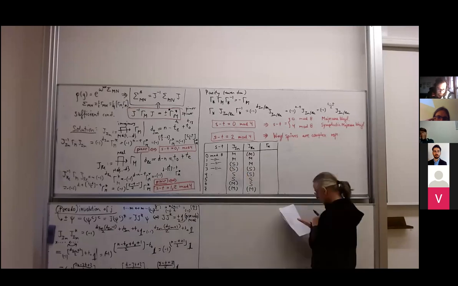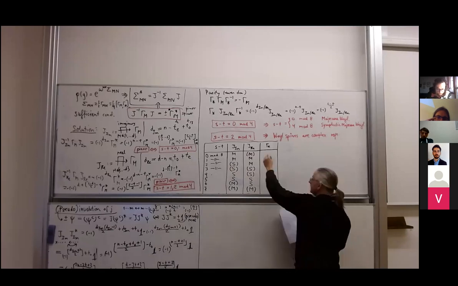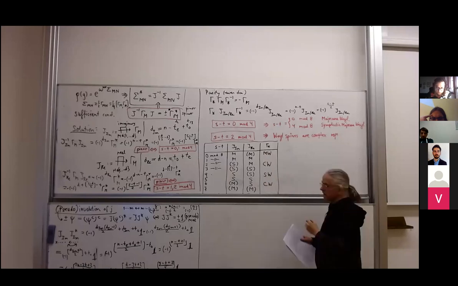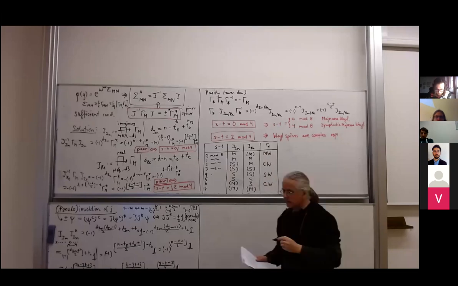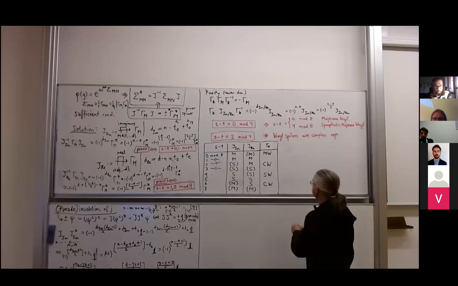And then when we also have gamma star, then we get Majorana Weyl. And here we get a complex Weyl representation. Here we get a symplectic Majorana Weyl. And here we get a complex representation. So this is the main conclusion that you get.